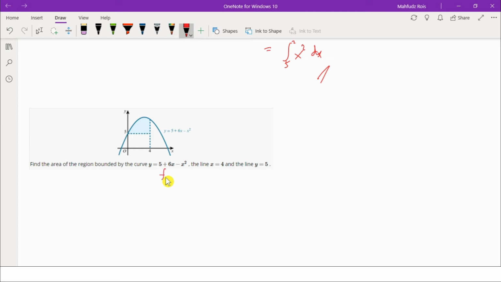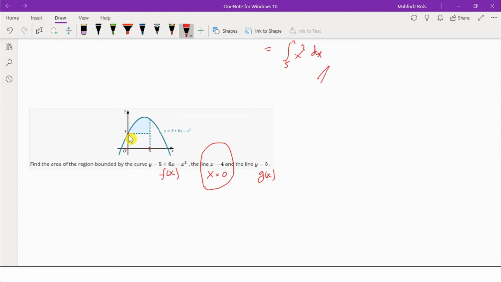Let's say this is f(x) and this line is g(x), and the limit is from 0 to 4, right? So the limit is this, and these are the two functions f(x) and g(x).